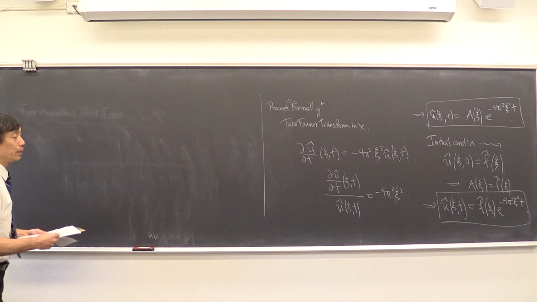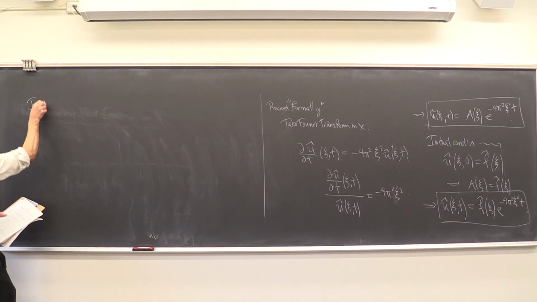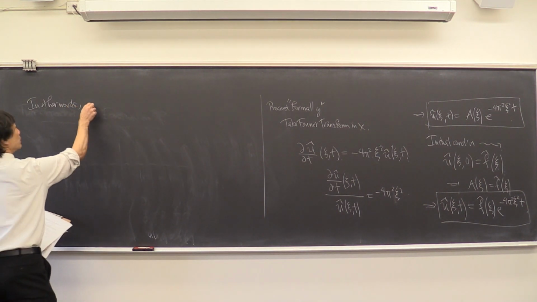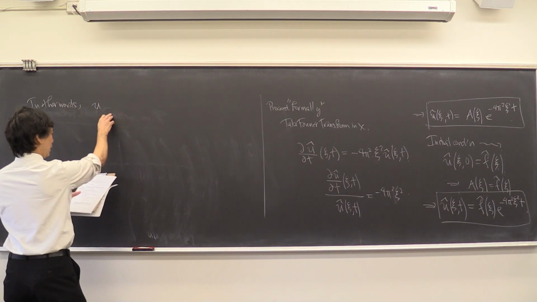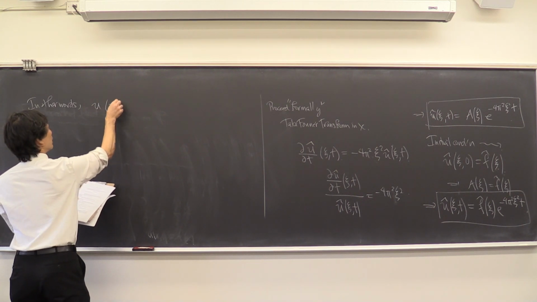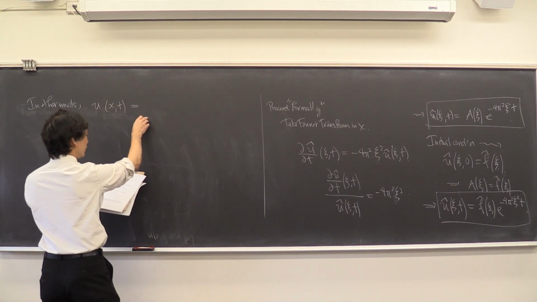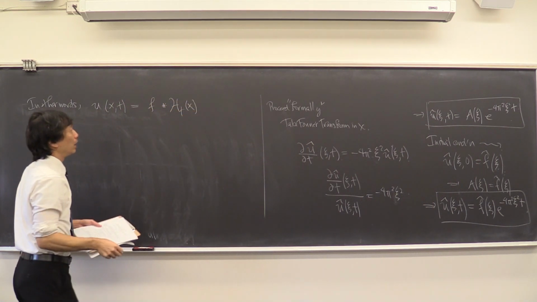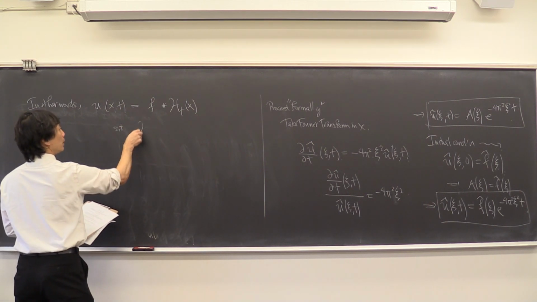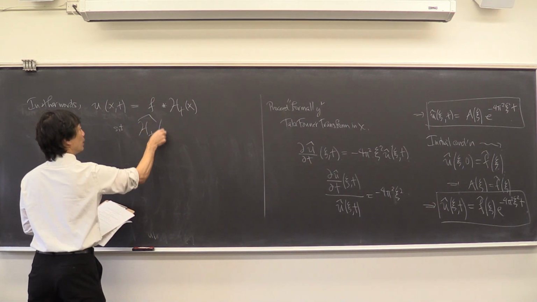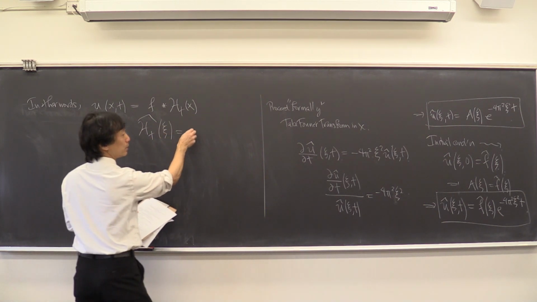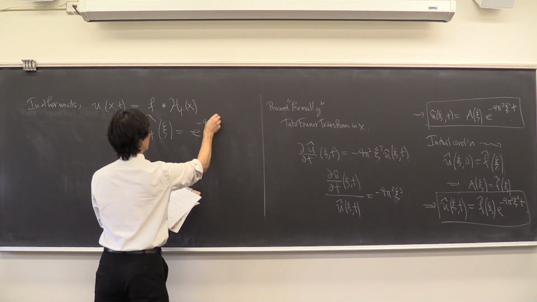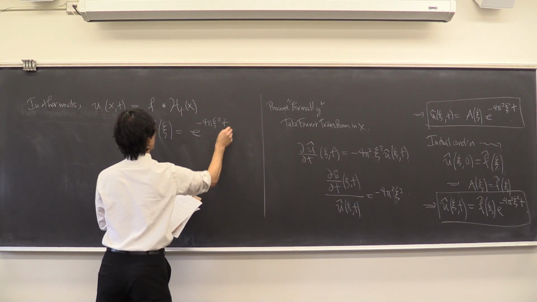In other words, u is going to look like a convolution. u must be a convolution of f against some other function, where the Fourier transform of that function is e to the negative 4 pi squared xi squared t.